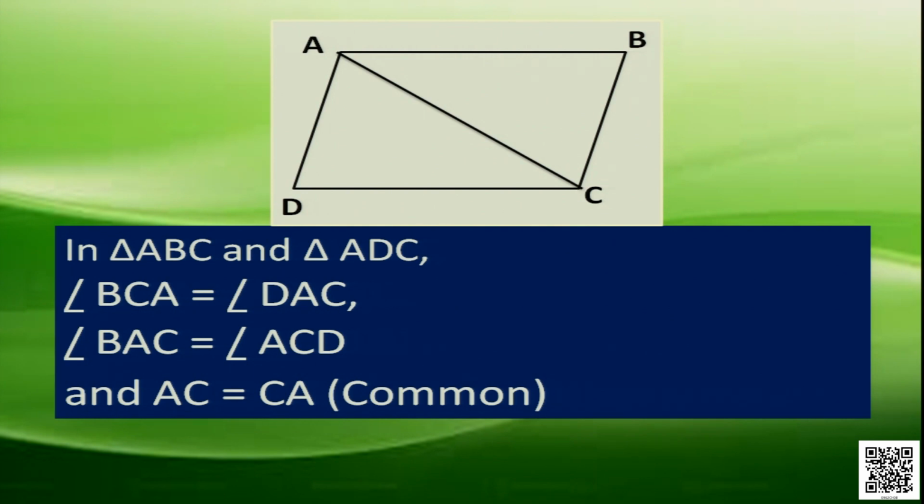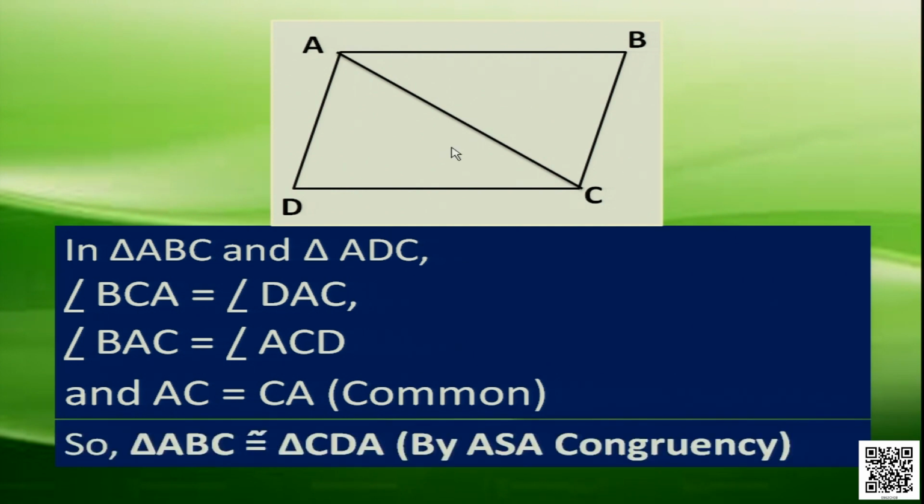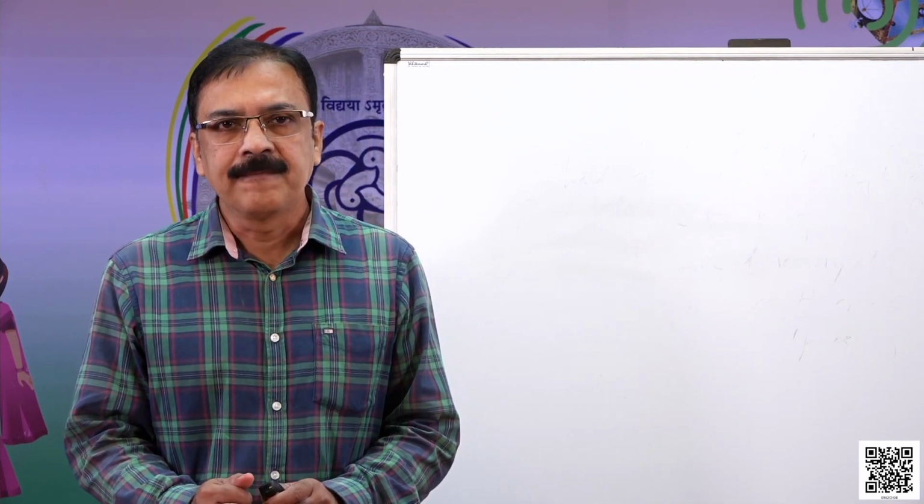So, these two triangles are congruent by ASA, meaning angle side angle congruency. So, we proved the theorem as required.